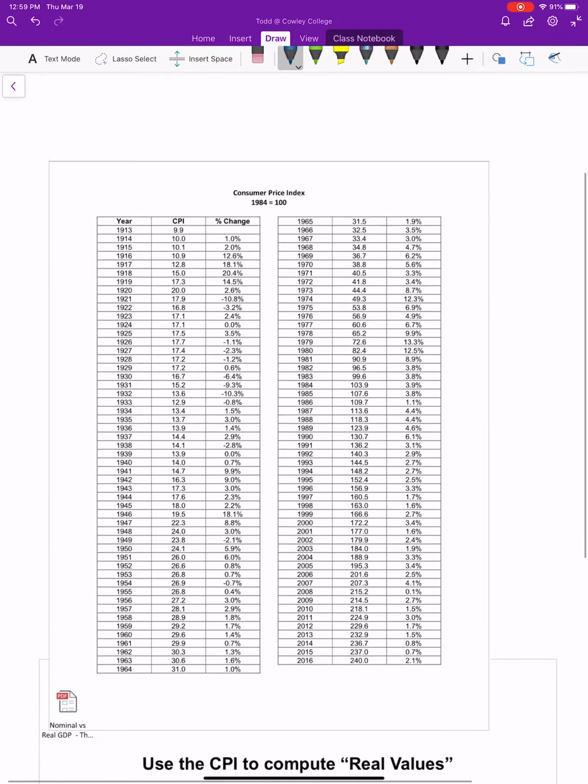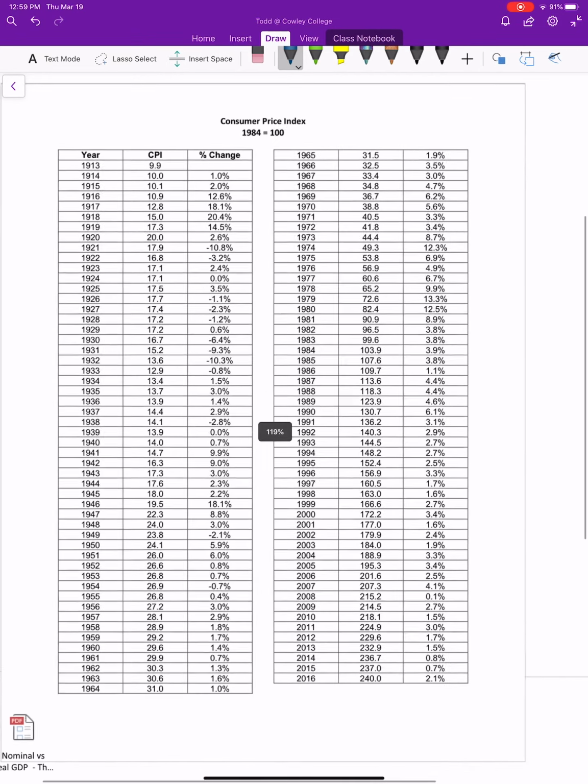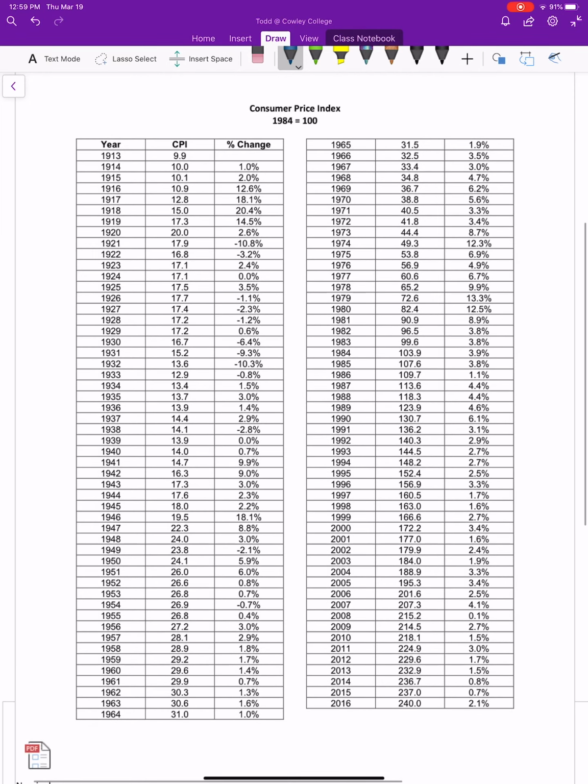When you print that off, this is the sheet that you're going to see. Notice we have our years going from 1913 all the way down to 2016. The first column is your year. The second column is the actual value of the consumer price index itself.